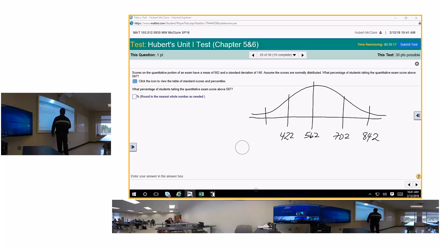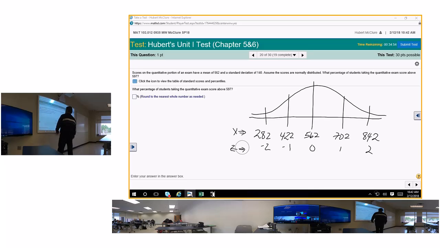And 422 minus 140 is 282. Go ahead, that's X. Z is -2, -1, 0, 1, and 2.